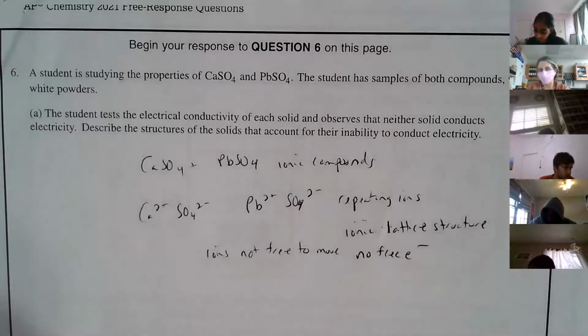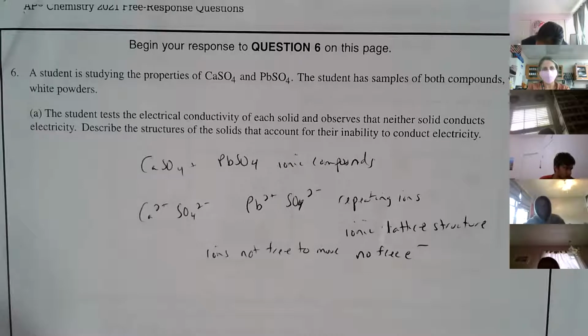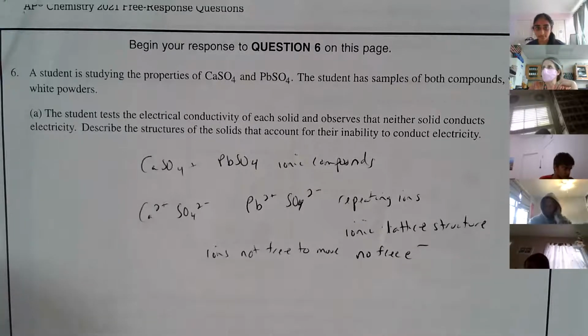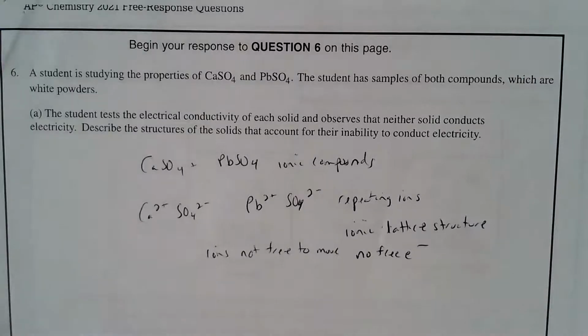So I have calcium sulfate versus lead 2 sulfate. Realize that what you need to say is they are both ionics. They are both ionics, so that is going to be key in understanding why it doesn't conduct when it's in the solid form. That may be all you need to put down.